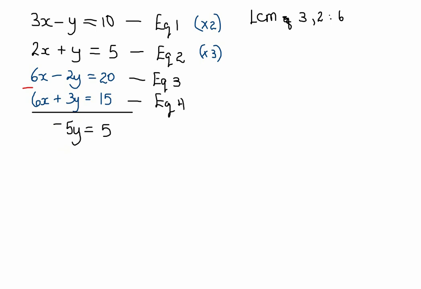So here I have to solve for y, and I have to divide both sides of my equation by the coefficient of y, which in this case is negative 5. So let's divide both sides of our equation by negative 5. And this is going to give me my solution for y. So I'm going to get that y is equal to negative 1, right?